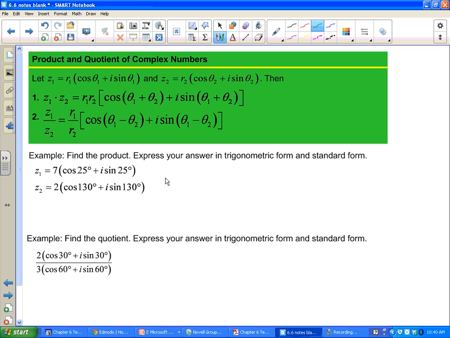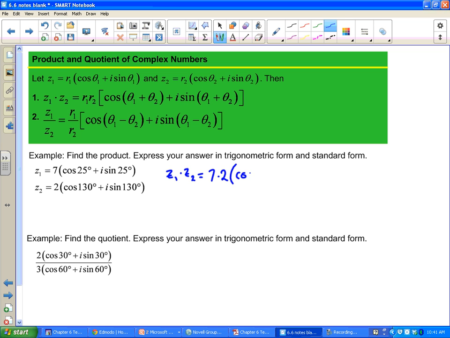So this first example on this slide: find the product, express your answer in trig form and standard form. So z1 we have here, z2 we have here. We're going to fill it into the right side of this. So the product, z1 times z2, is our r's multiplied together, so 7 times 2.